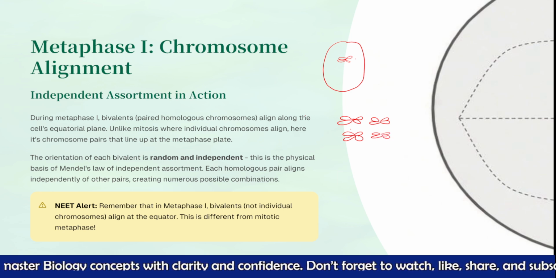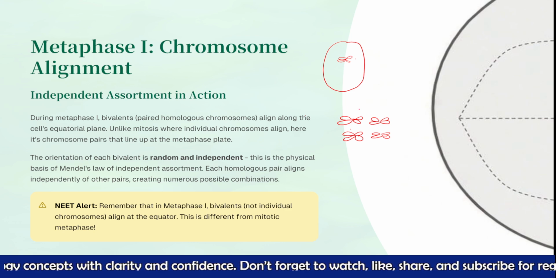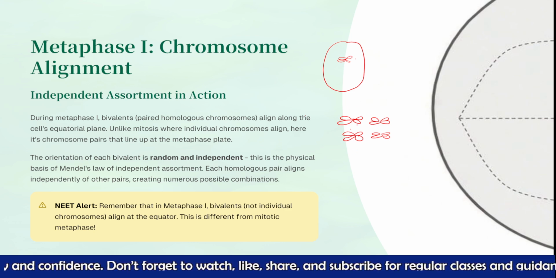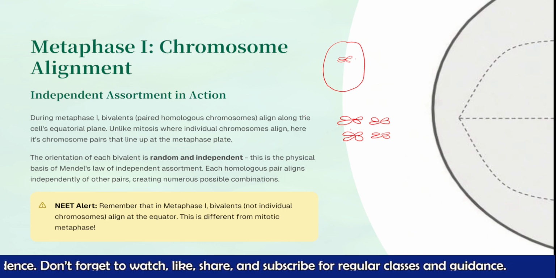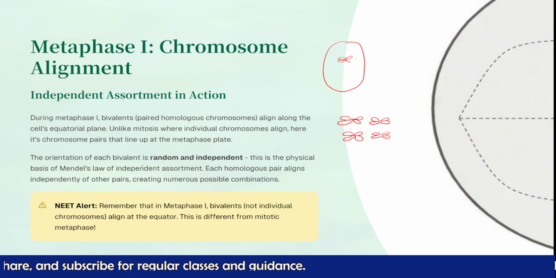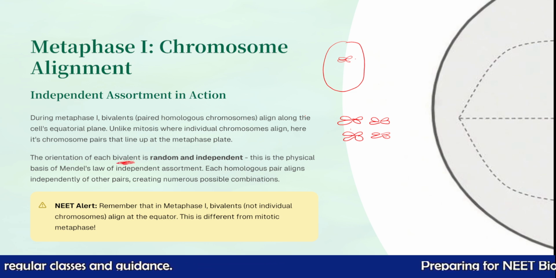So these aligned chromosomes at the equator are called a metaphase plate. The metaphase plate is formed here in metaphase 1. The orientation of the bivalent. What is that bivalent?